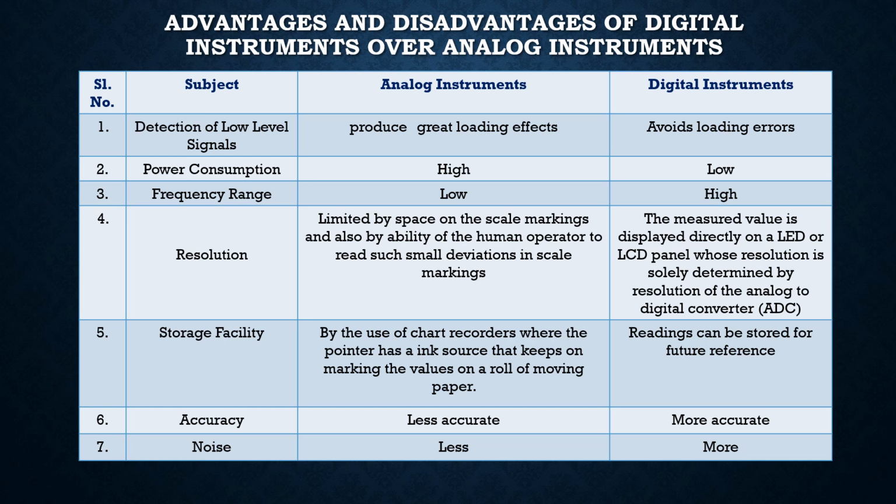Now if we move to the subject, we can see first here it is written detection of low level signals. Analog instrument will produce a great loading effect if we want to detect a very low level of signal. Say if we use a PMMC instrument for indication, this movement cannot be constructed with a full scale sensitivity of less than 50 milliampere.